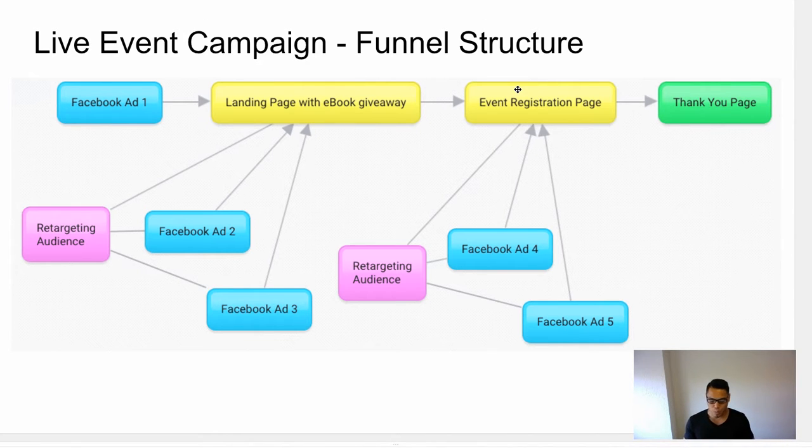The reason why we did this specific strategy is because, let's say they requested a copy of that ebook. Because they put their phone number, and most of the time it's a mobile number, what happens in the background is our client has a CRM, and they have people who can pick up the phone and follow up with these people who requested the ebook but didn't register for the event.